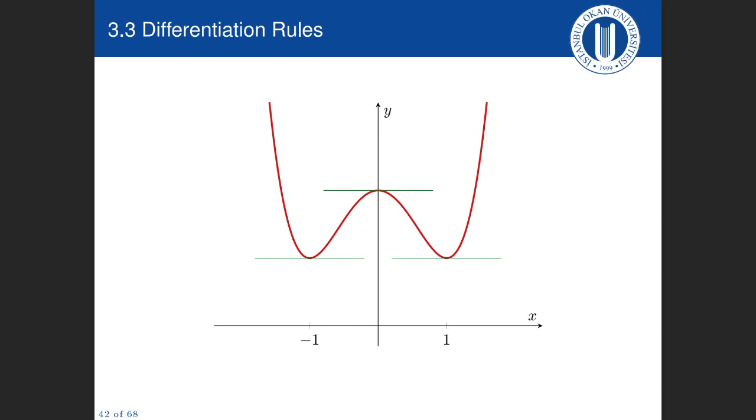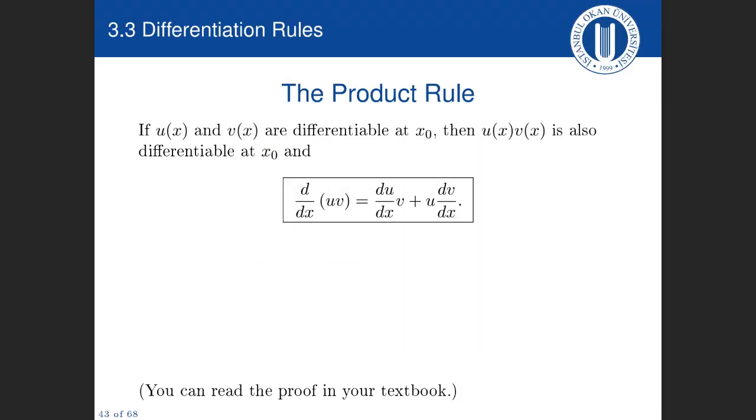Let's move on to the next rule. The product rule for derivatives. If u and v are differentiable at x0, then their product, u of x, v of x, is also differentiable at x0, and the formula is that the derivative of uv is the derivative of u multiplied by v plus u multiplied by the derivative of v.